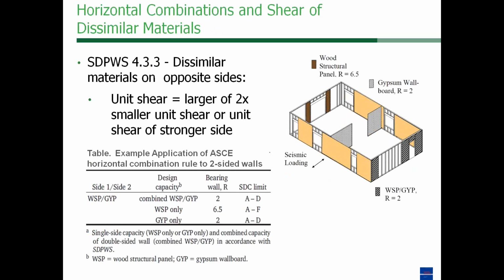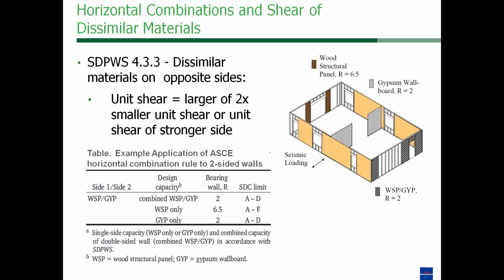So this is related to ASCE 7, and this is the horizontal combination of shear using dissimilar materials.